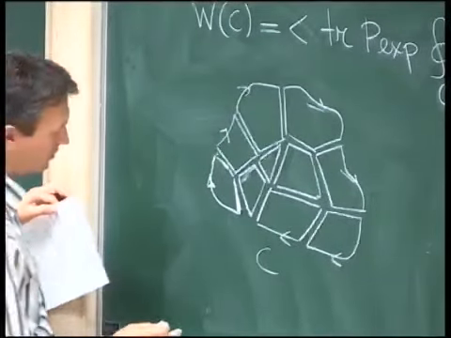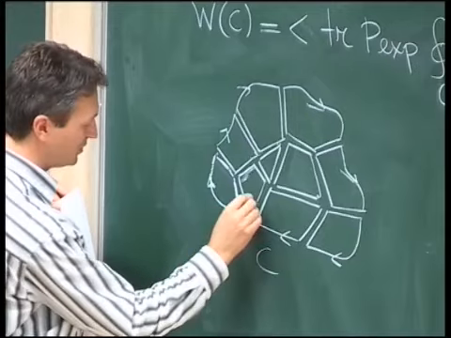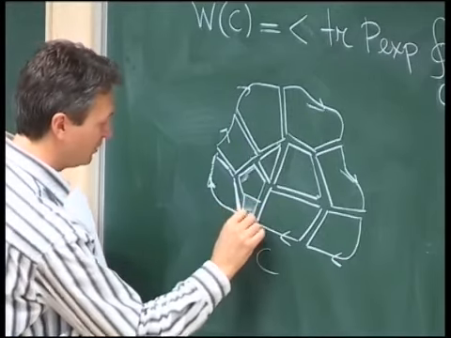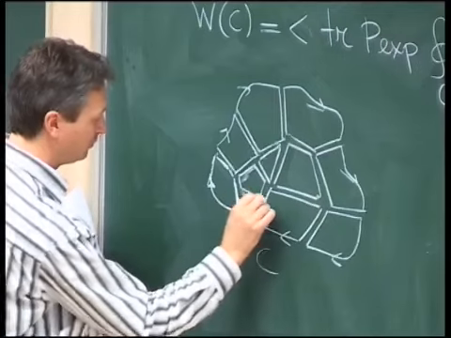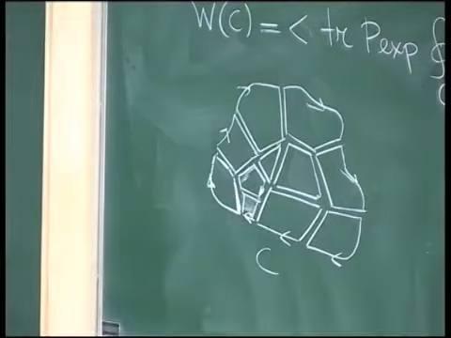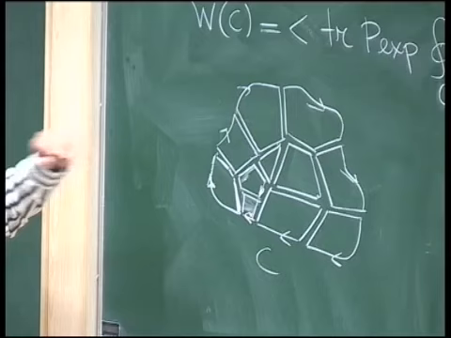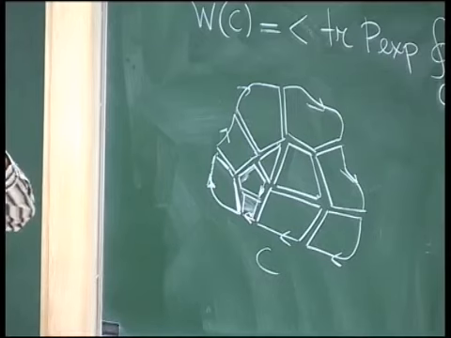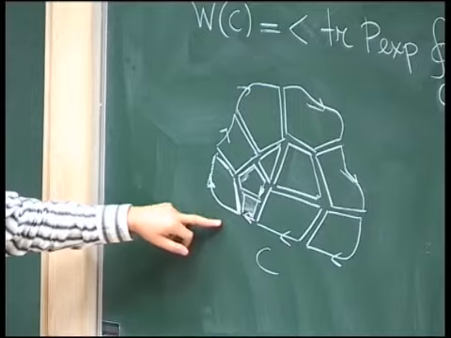Let's see, this type of diagrams are not allowed. Okay, so the diagrams that correspond to the calculation of the Wilson loop correspond to triangulations of a disk.